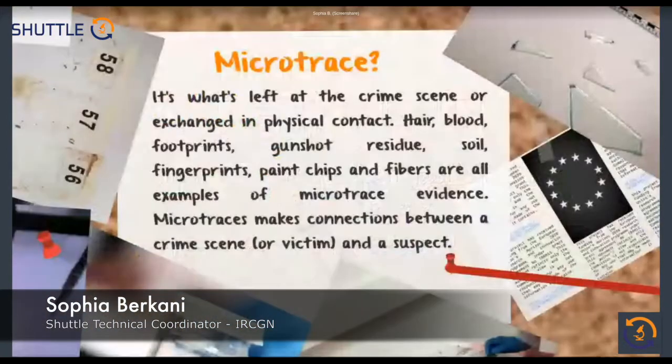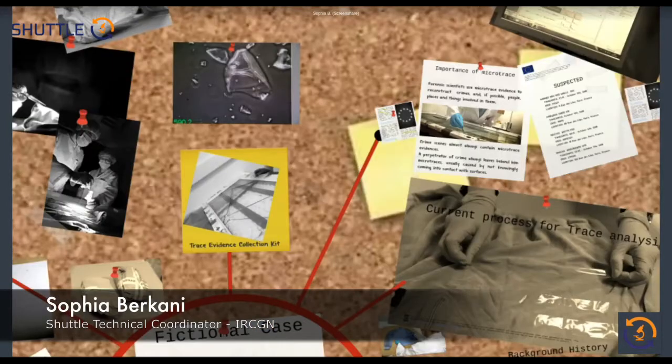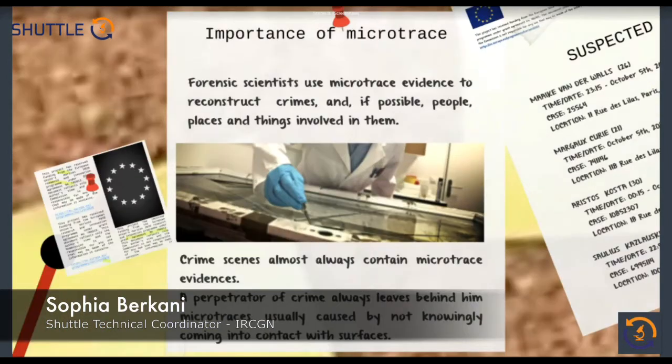So microtrace is basically what's left or exchanged at the crime scene during physical contact. It's usually caused by the perpetrator coming into contact and leaving behind objects. It helps to make a connection between a suspect and a crime scene.